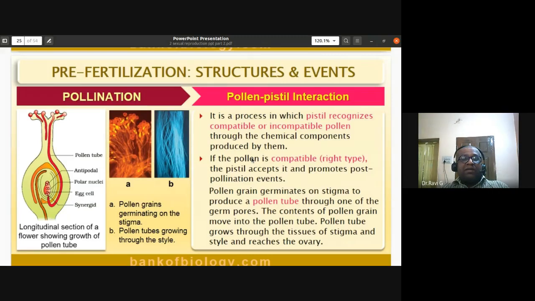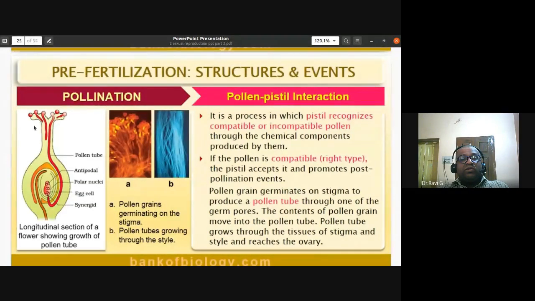So there are a lot of processes to recognize compatible pollen grains. Compatible pollen grains means pollen grains from the same species. Pollen pistil interaction is a process in which the pistil, in the sense gynoecium, recognizes the compatible or incompatible pollens through the chemical components produced on them.